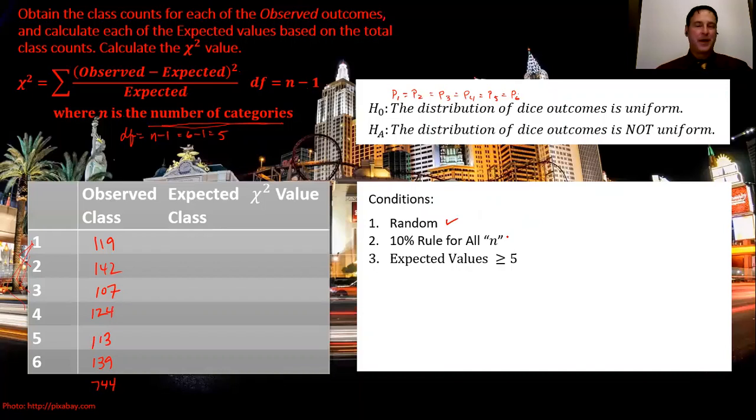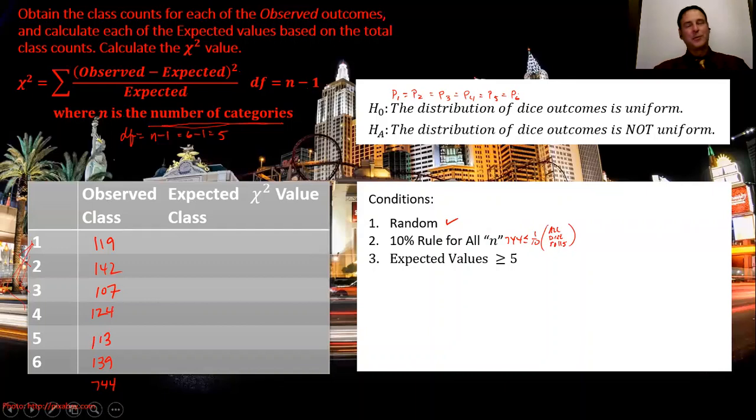That will depend on the type of story that you have with respect to your chi-squared problem. But if you were to do this here, it is 744, which is less than or equal to 1/10 the big N, and the big N is all dice rolls. Can we roll dice for a long time? Yeah, I bet we can roll at least 7,440 times.